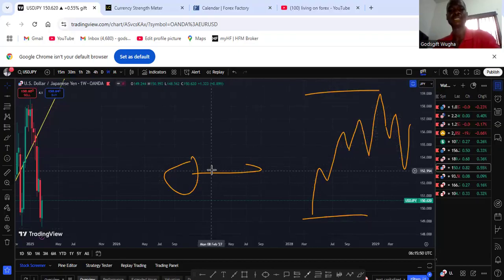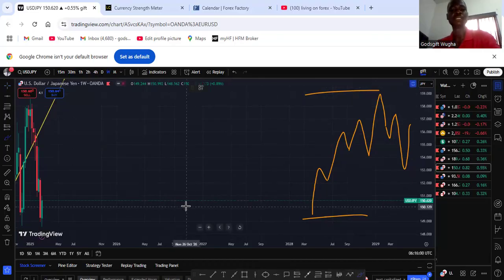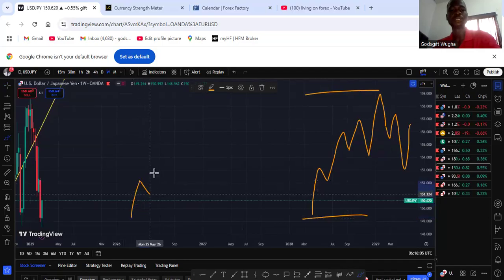Like something like this. Let me remove this young man, this rubber band man, who tied a rubber band around his waist and runs. But each time he runs, the rubber band keeps pulling him back.